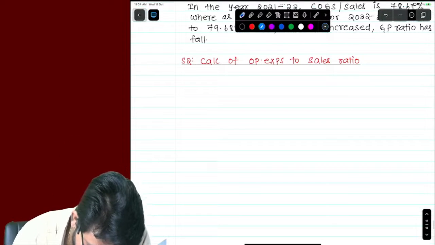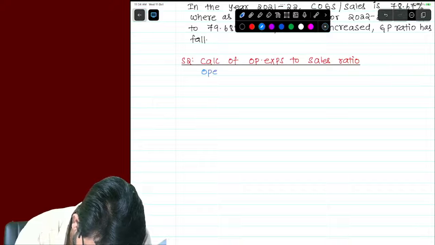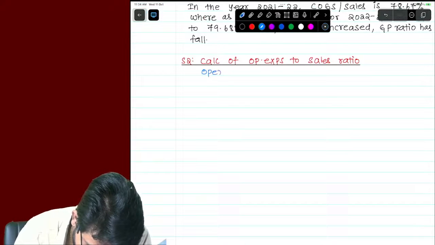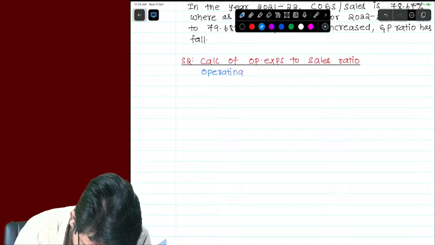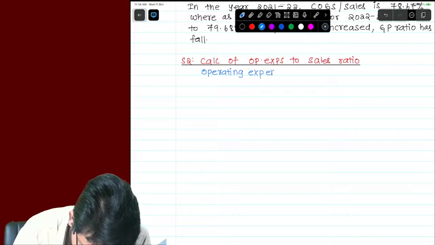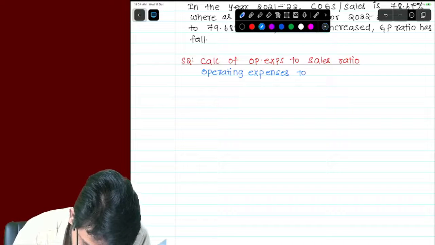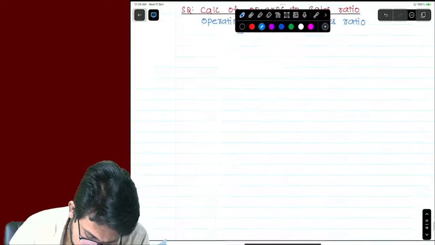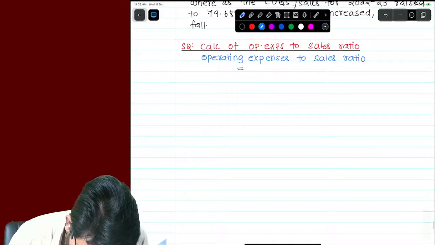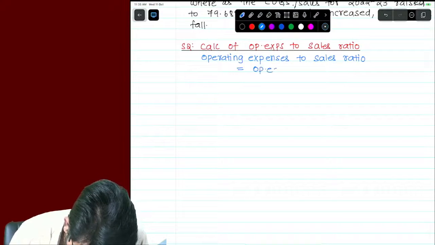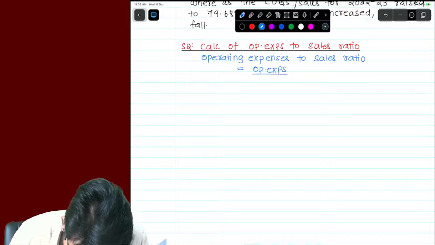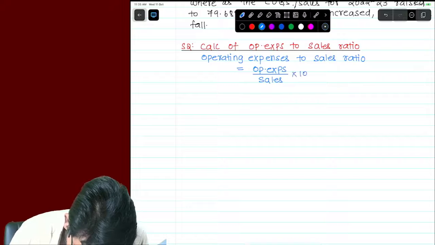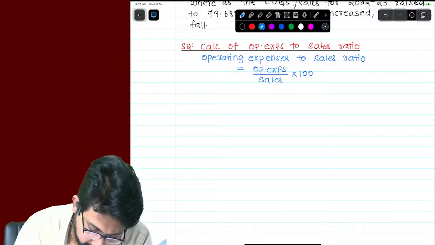First write down: operating expenses to sales ratio equals operating expenses divided by sales into 100.